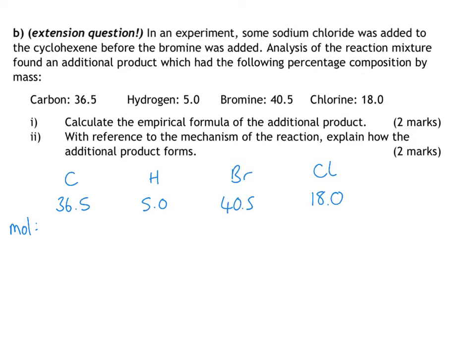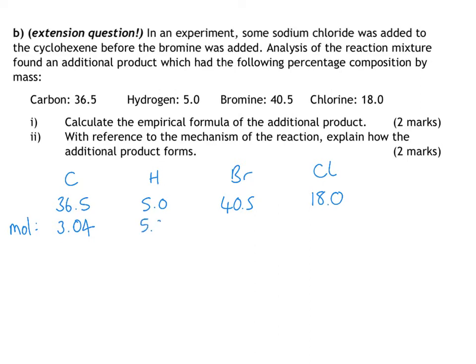So dividing 36.5 by 12 will give me 3.04 moles of carbon. I'm going to do these to 3 significant figures just to make sure I don't miss anything on rounding up.